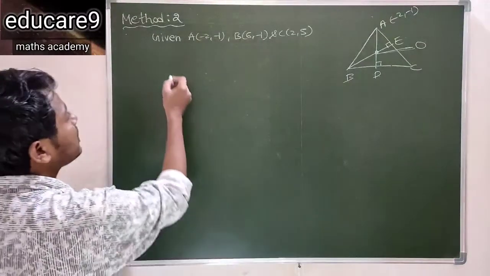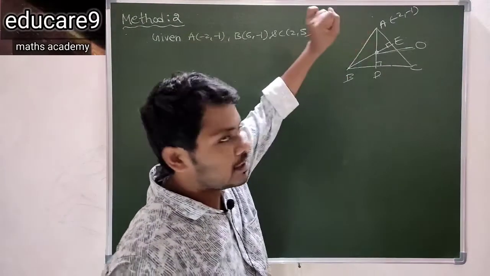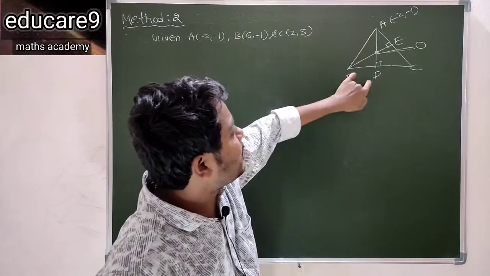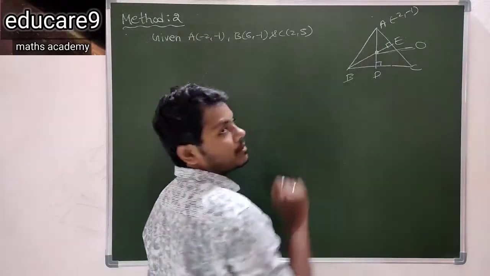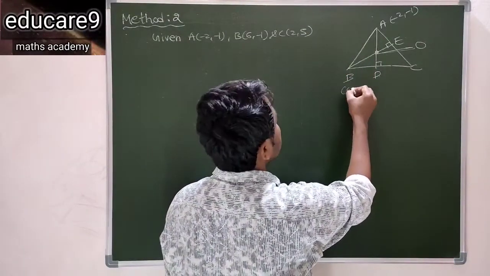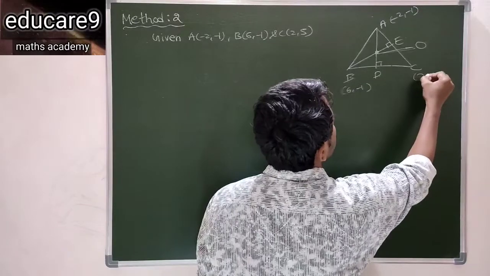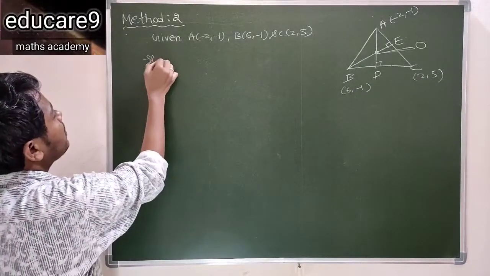See here, first you need to find the slope of AD. AD is perpendicular to BC. Now using the slope of BC, you can find the slope of AD. B is (6, -1) and C is (2, 5). So first find the slope of BC.